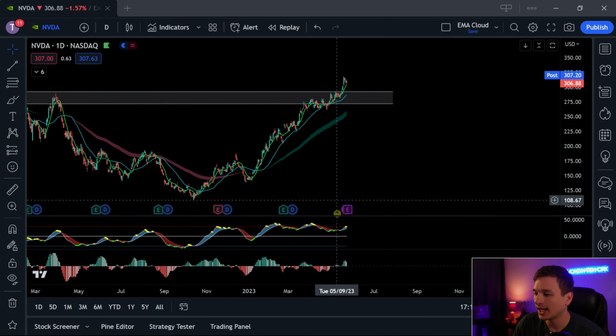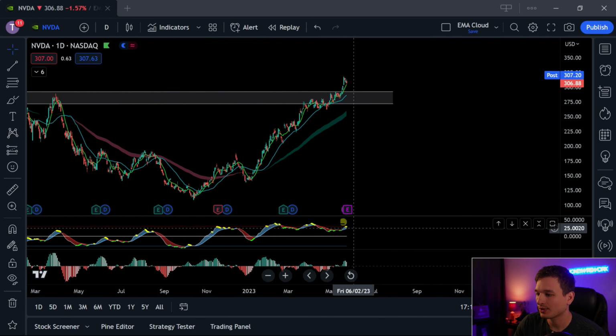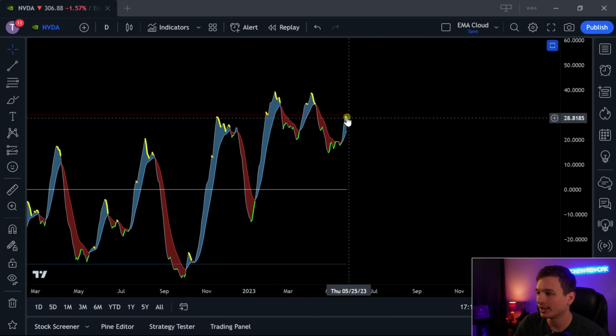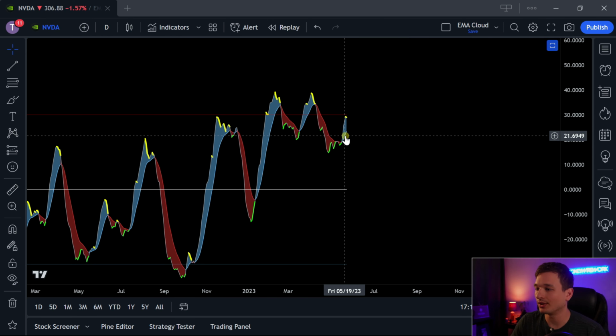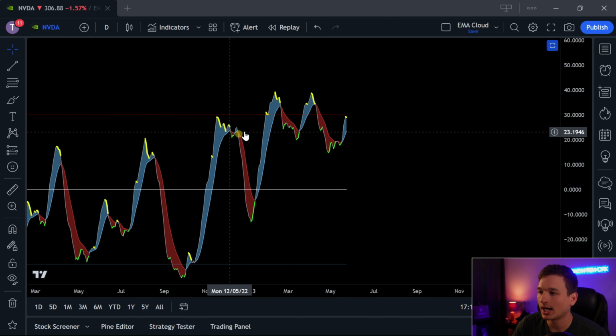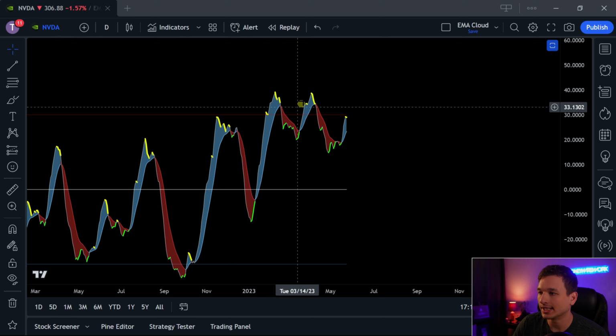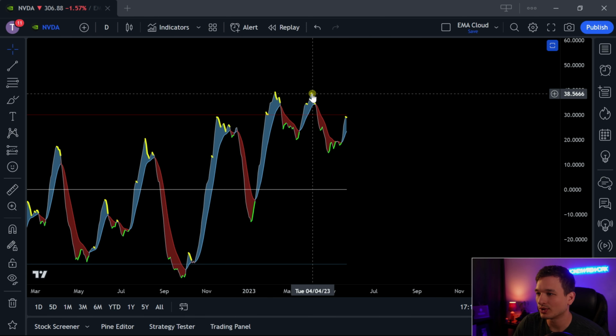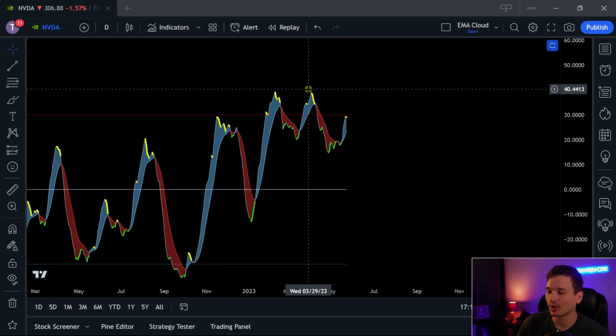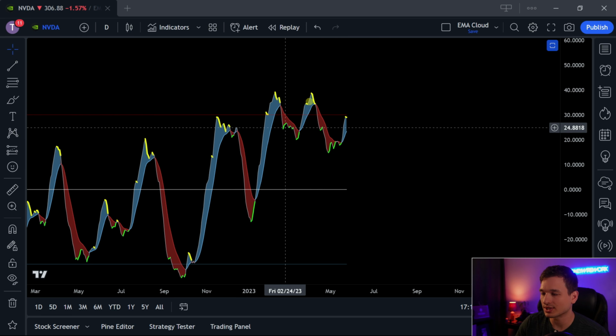So we have the TSI right here, and it's still in a blue uptrend, but it is starting to inflect down. Now, what's really interesting about this one is we have a higher high on the TSI, a higher high on the TSI, and it looks like it just barely was a lower high, but for all intents and purposes, you can just consider this like a double top.